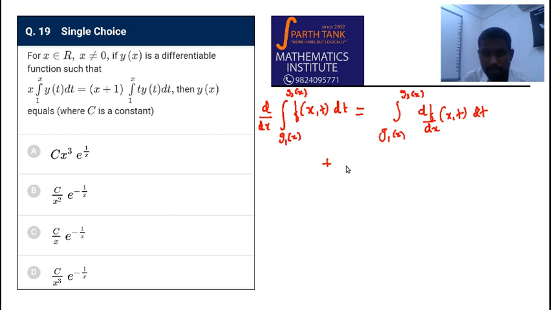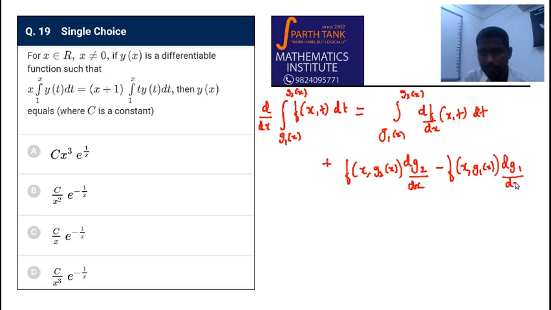You put that upper limit in the place of t and then differentiate the upper limit, and then subtract the same thing for the lower limit. Put the lower limit and differentiate the lower limit. Okay? So differentiate the function, do the integration, put the upper limit in the function and differentiate the upper limit, put the lower limit in the function, differentiate the lower limit with a minus sign.